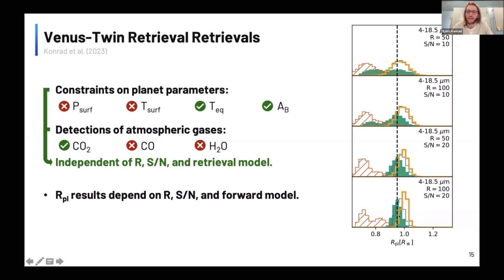The sulfuric acid cloud model all of a sudden yields a good estimate. So this shows that an inadequate choice of cloud model in this case can really bias our retrieval results. And I'm purposely not saying wrong model, but inadequate model, because what model you choose will depend on the resolution and the signal-to-noise ratio of your spectrum.